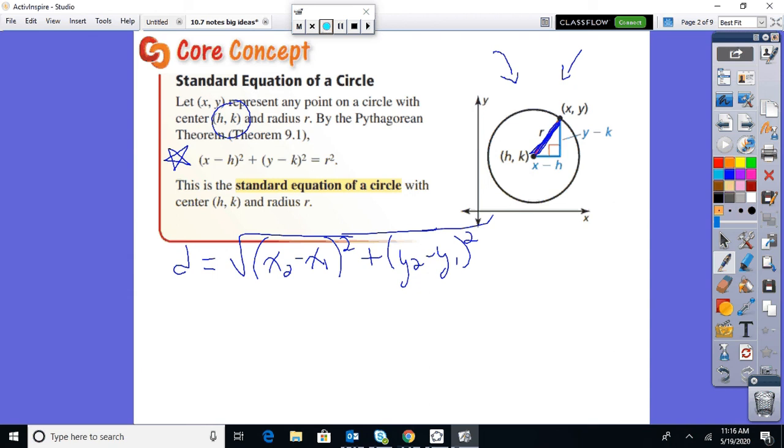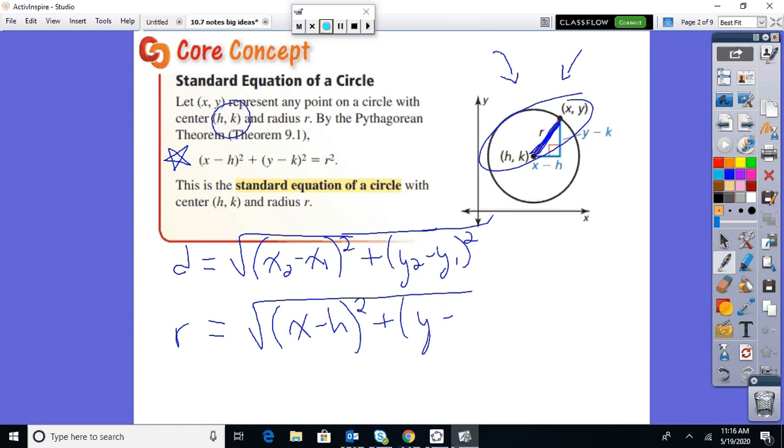So now if I substitute in to find what the radius is over here, then my radius is essentially looking at these coordinates right here. So now I have the square root of x minus h quantity squared plus y minus k quantity squared. That's using this point and this point, a point on the circle and the center of the circle.